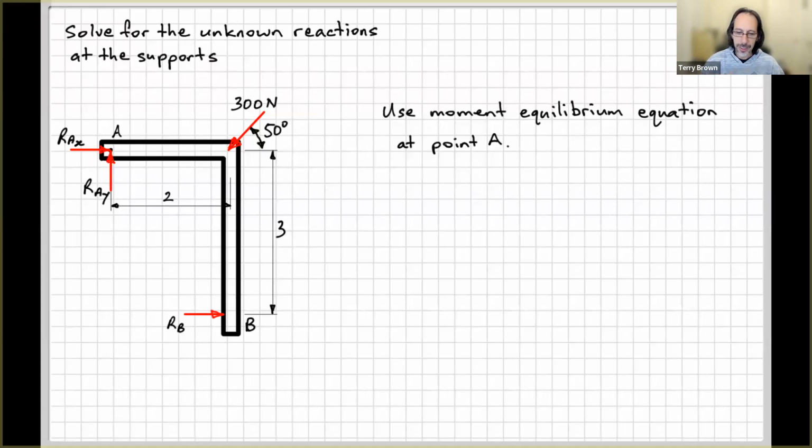So if we look up here at point A, in the top left-hand corner, we've got our two unknown forces, R_AX and R_AY, acting through point A. Therefore, their moment about point A will be 0. So if we write the equilibrium equation for moments about point A, they're not going to appear in the equation. The only unknown that will appear will be our unknown force R_B. So let's go ahead and do that.